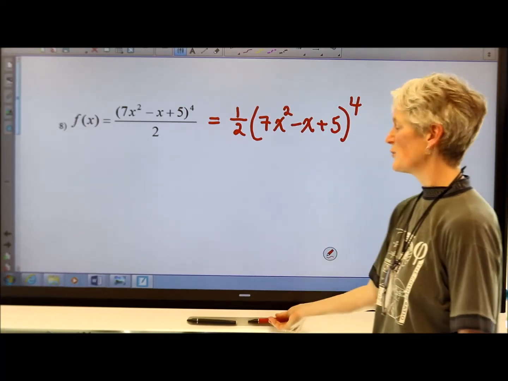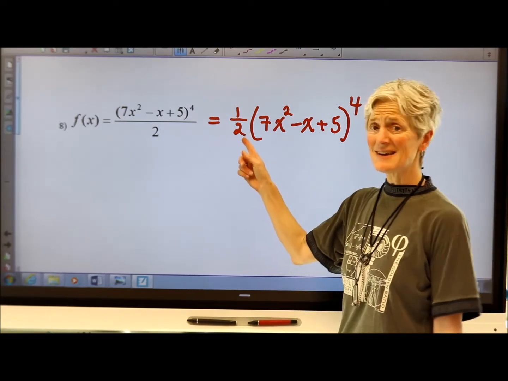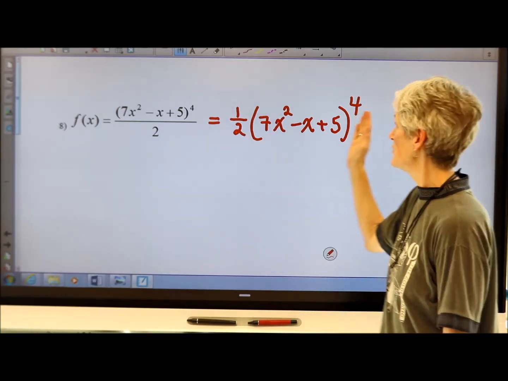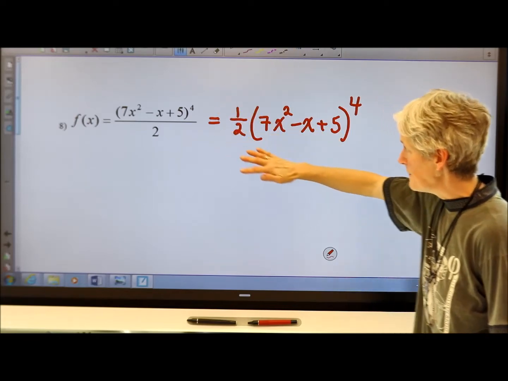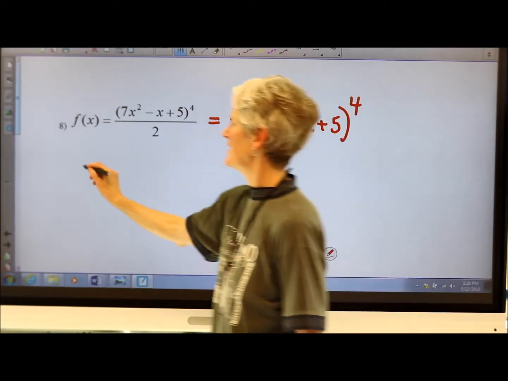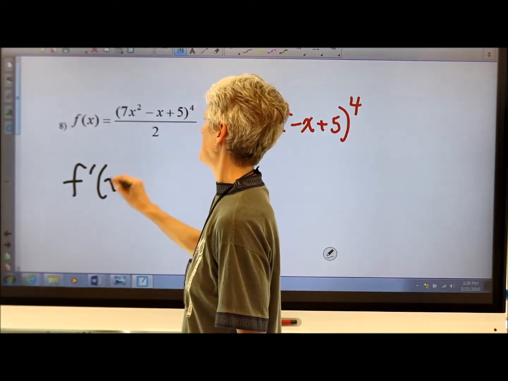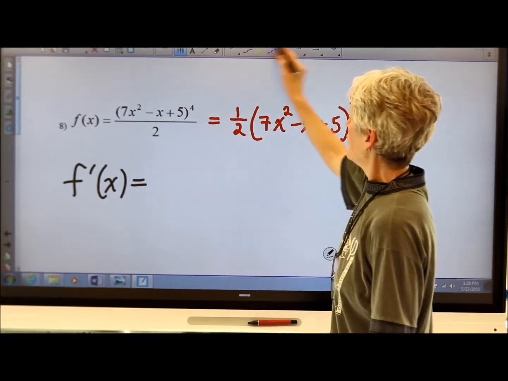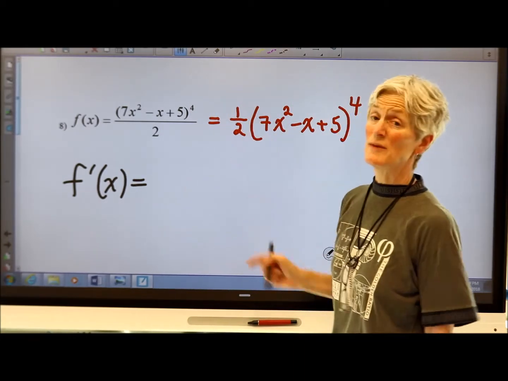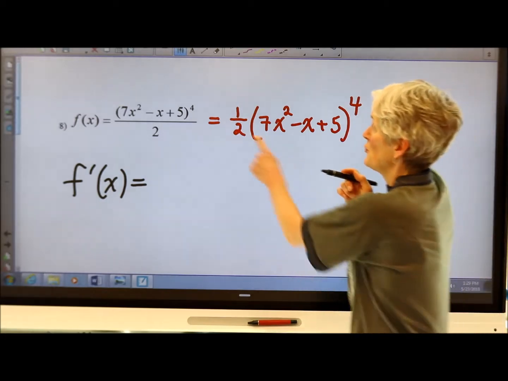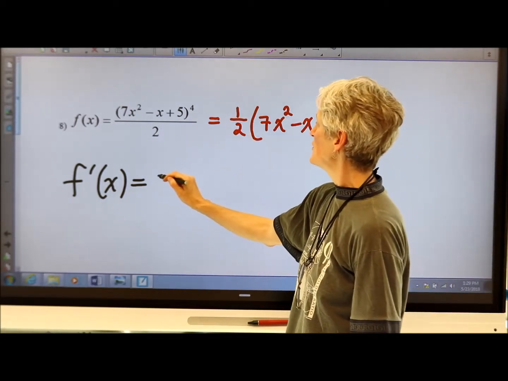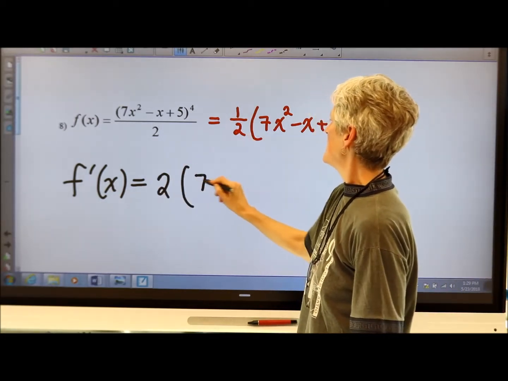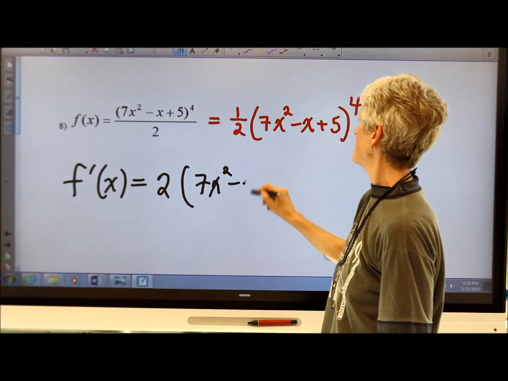Ooh, see how I just rewrote that? That's just a constant. So you could just do your chain rule. There's no x with that 1/2, so you can just treat it as a constant, right? 4 times 1/2 is 2, times that whole shebang.